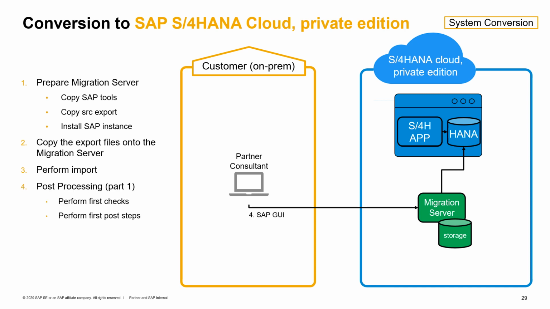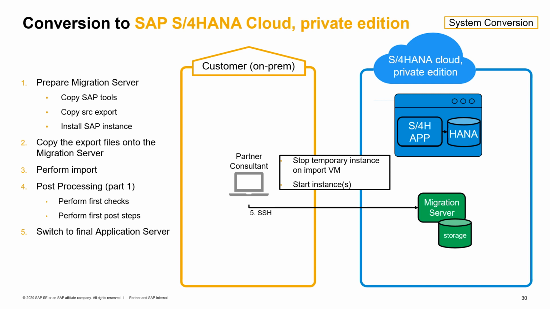Step number 4, after finishing the conversion with the Software Update Manager, the first mandatory technical post activities can be already executed in the converted system, but it's really important that all the others will need to be postponed to step number 6. Step number 5.